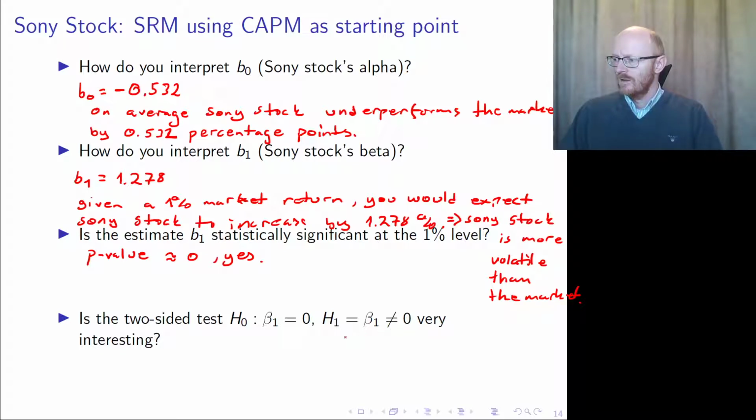Very interesting. Well, if the slope had been not different from 0, then the stock would not move at all with the market. Okay, and you would actually expect stocks to have some covariation with the market.